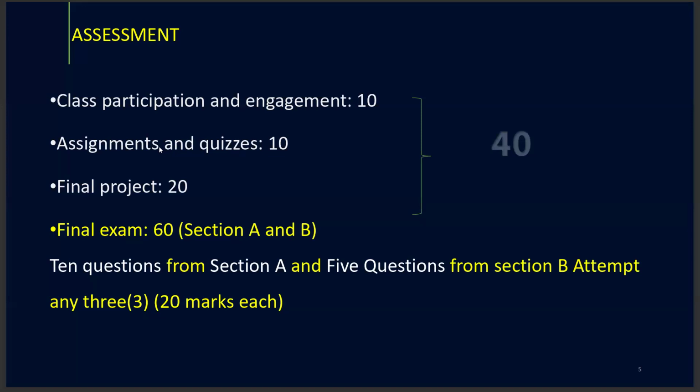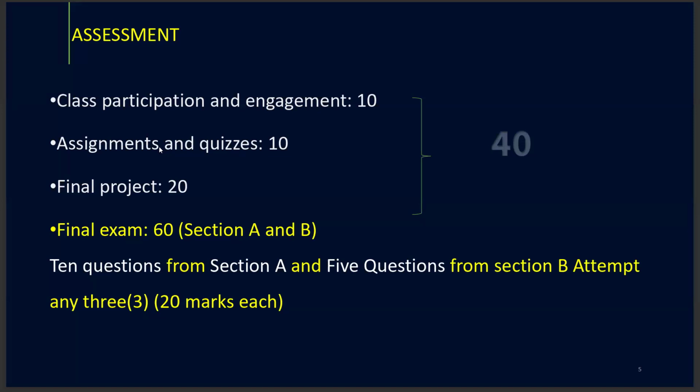Now, we're also going to look at the final exam. For the purposes of your understanding, the final exam will take the biggest percentage, that is 60. But it will be marked out of 100, then converted back to 60. There are going to be 10 questions in section A, and each question will carry 4 marks. Then in section B, you're going to have 5 questions where you have choices.